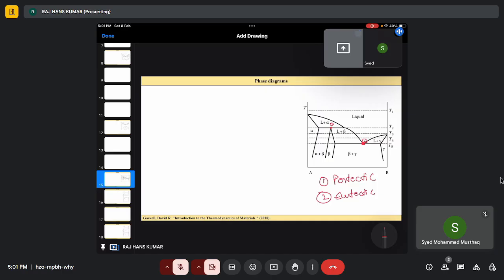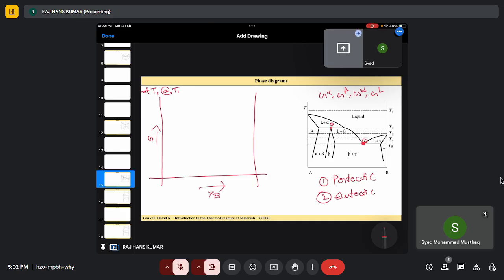Okay, then let's draw for how many phases I have. I have 4 phases: G alpha, G beta, G gamma, G liquid. So this is my temperature at T1, right? So G and XB, right?